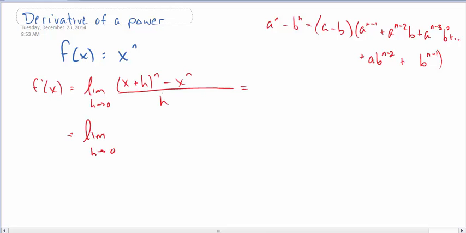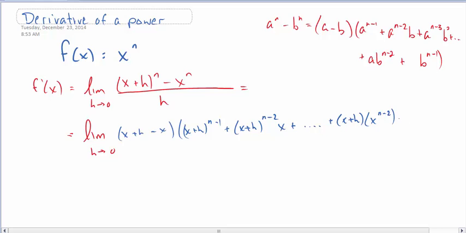This is a difference of two things raised to the same exponent, so I can factor out (x + h minus x) times ((x + h)^(n-1) plus (x + h)^(n-2) times x plus and so on, plus (x + h) times x^(n-2) plus x^(n-1)).